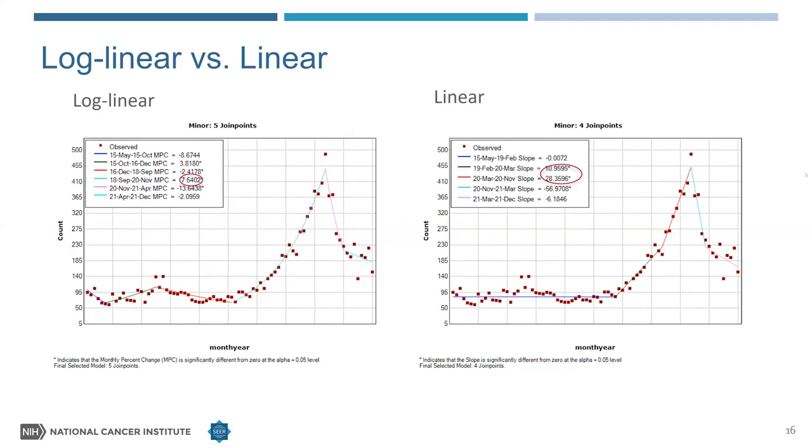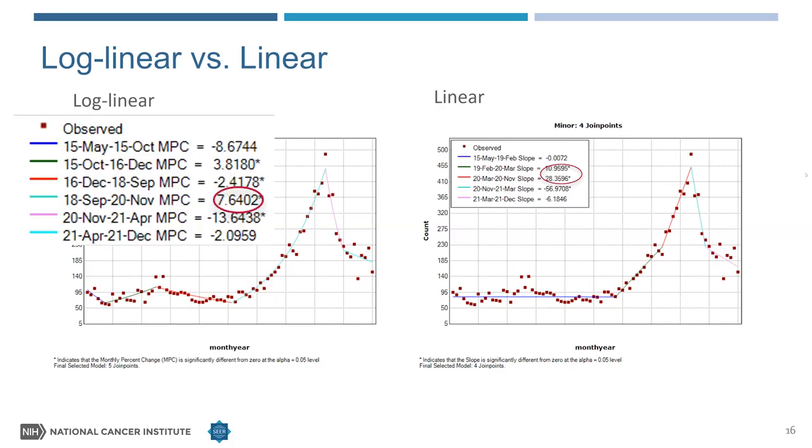The left side uses a log scale, so the slope corresponds to MPC, monthly percent change. In the left, we see a large increase between September 2018 and November 2020, with a monthly percent change of 7.64%.